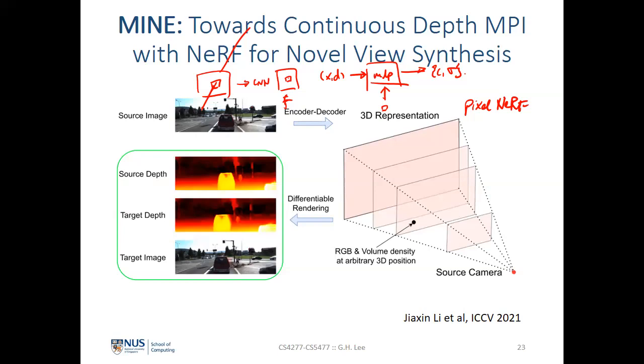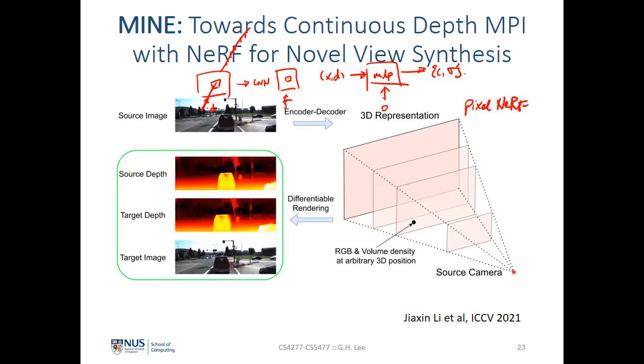The limitation of MPI is that the planes are discrete, while the limitation of NeRF is that it's not generalizable. So why not do this? The concept here is very simple. NeRF takes a direction and samples points on the ray, so it's actually continuous.